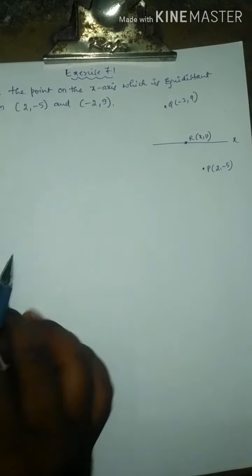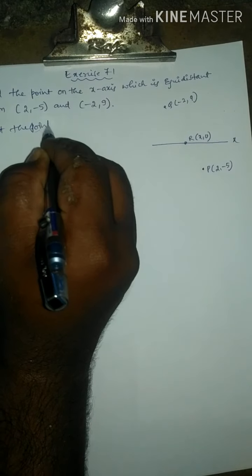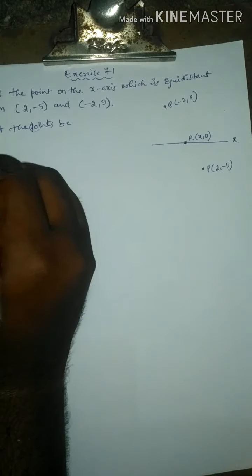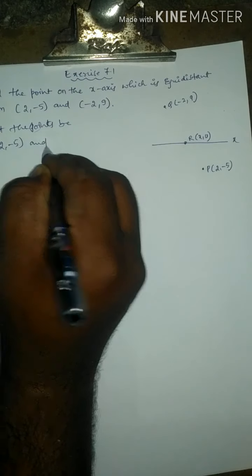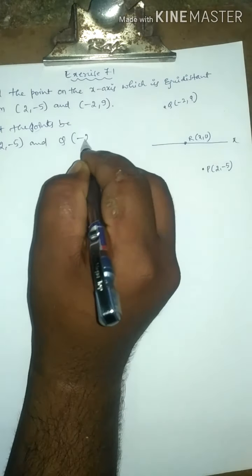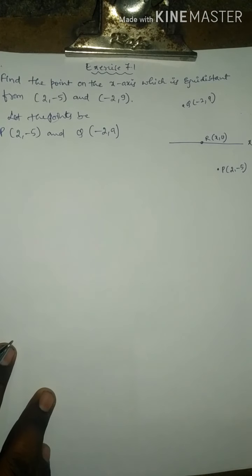Now here, what you have to write? Let the points be P of 2 comma minus 5 and Q of minus 2 comma 9. So the given data we are going to write here.